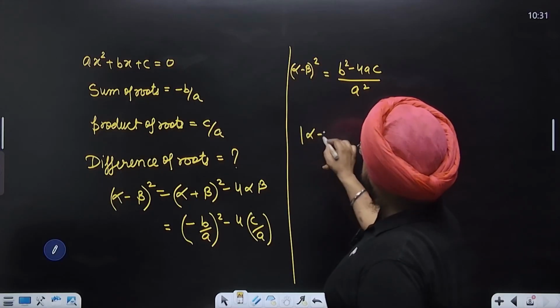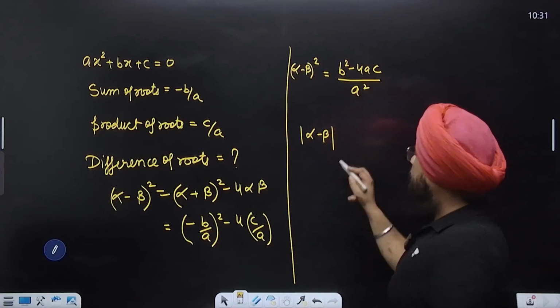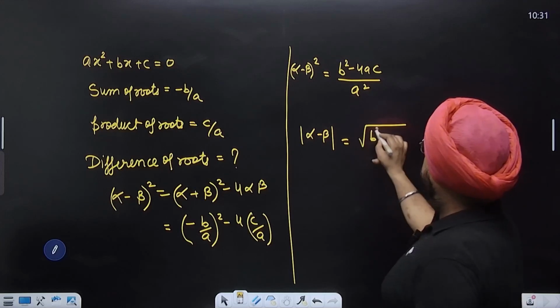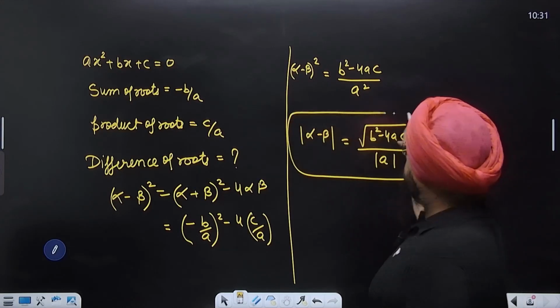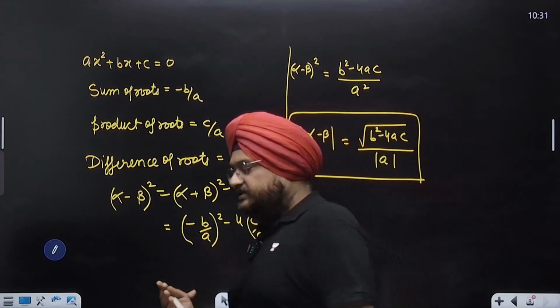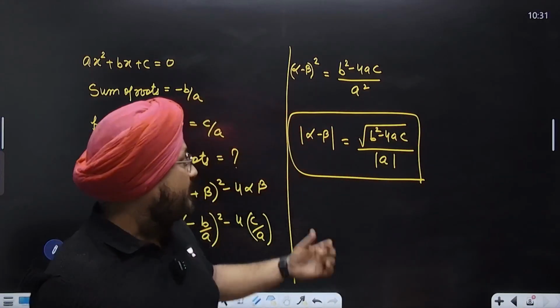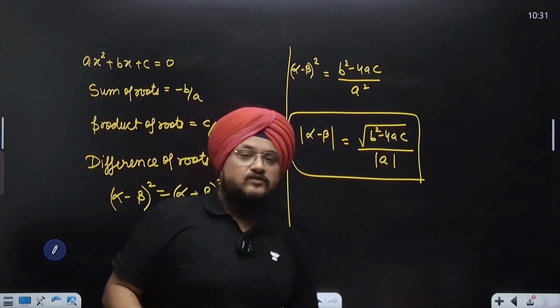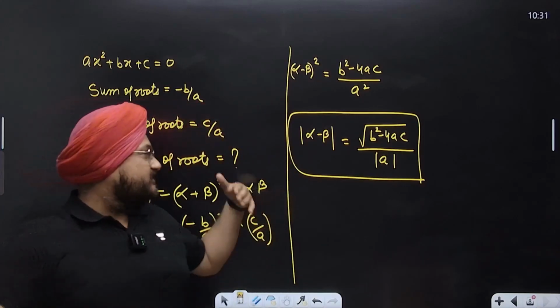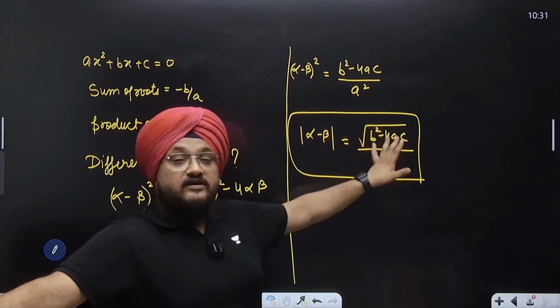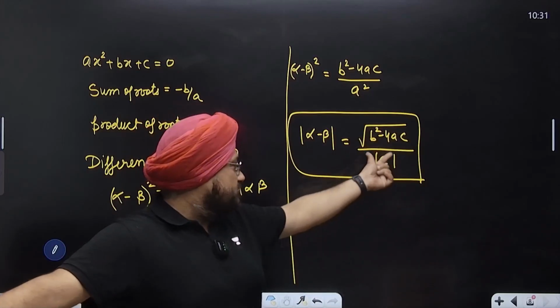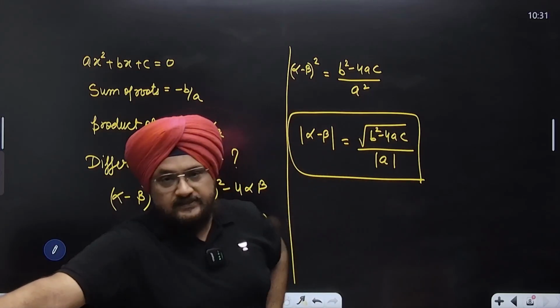So the difference of roots will be the modulus of alpha minus beta, which is root b square minus 4ac upon mod a. See, we are taking the difference, so mod a will give the absolute value of alpha minus beta, whether alpha is greater than beta or beta is greater than alpha. We are interested in the difference of roots, so I have applied the modulus sign.